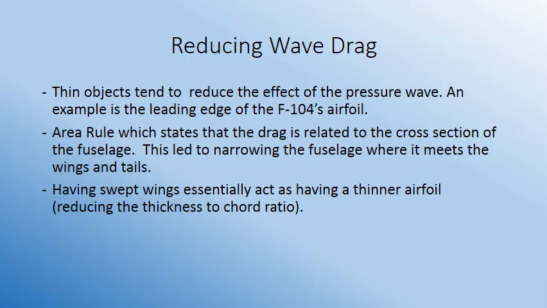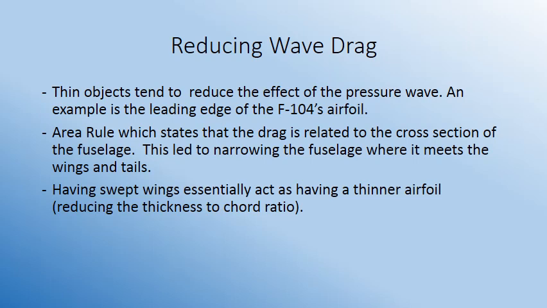There are a couple of ways to reduce wave drag. Thin objects reduce the accumulation of Mach waves, which creates less strong shock waves and therefore reduces the drag. Applying the area rule also reduces this type of drag.